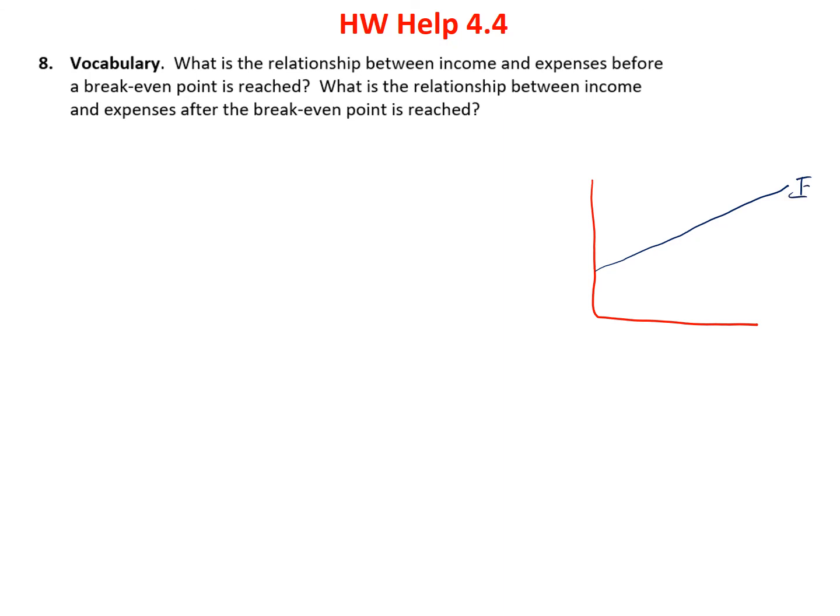This is my expenses. And then your income, if you don't sell anything, you're starting at 0. But as you sell more, it increases. So there's your income. So that's a very typical looking graph. And notice here's the break-even point where they both equal the same.